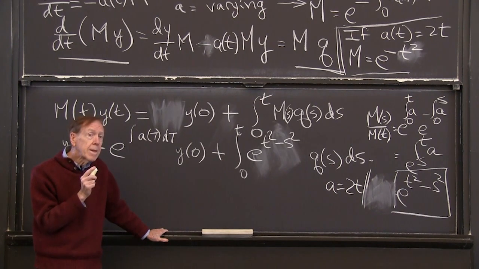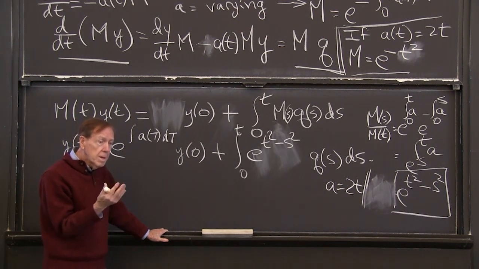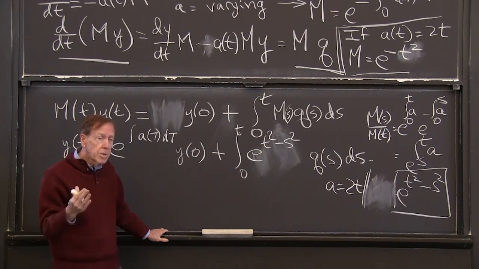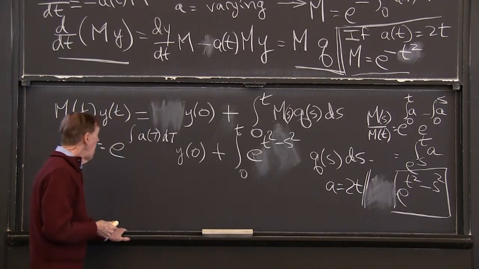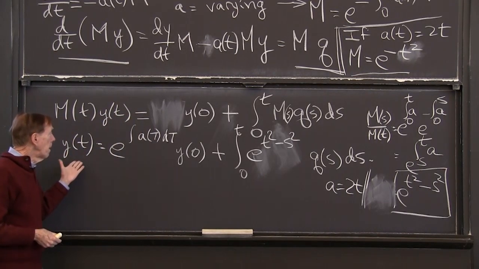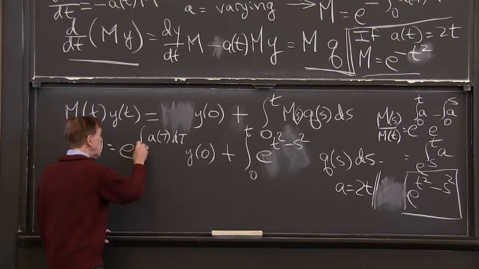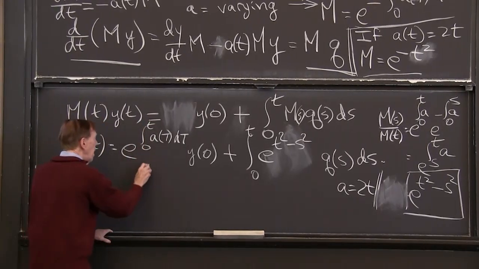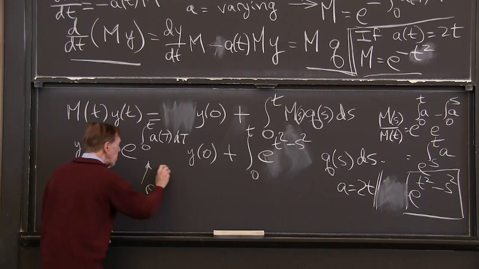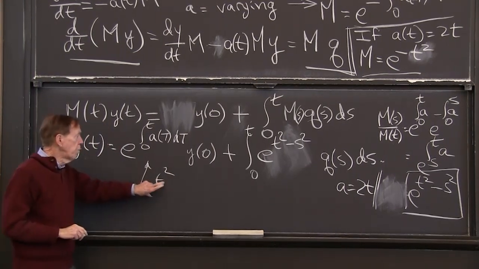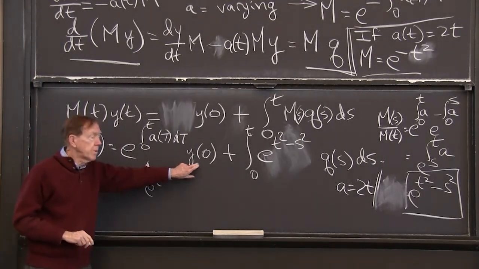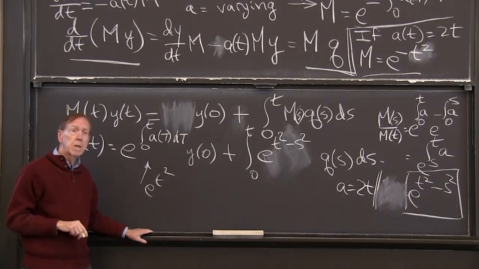And I don't know if you like this formula. Can I just describe it again? This was an integral from 0 to t, so this part would be e to the t squared. That's the growth factor that multiplies the initial deposit.